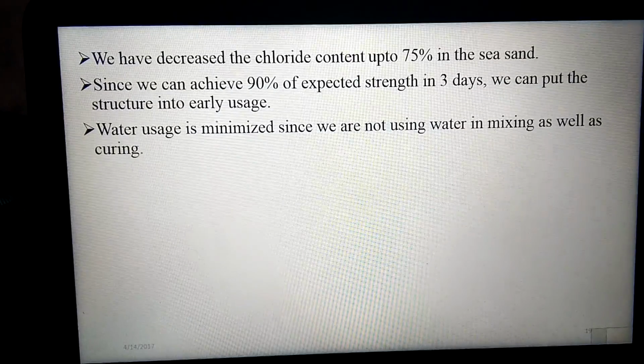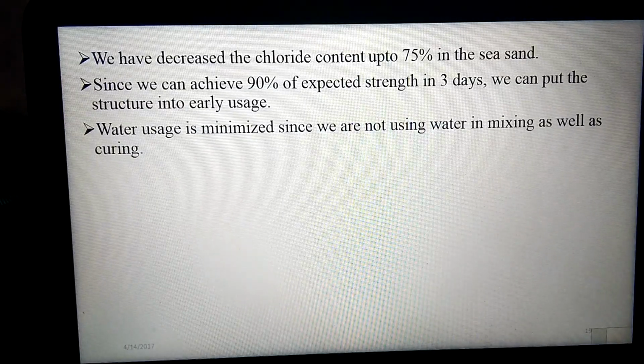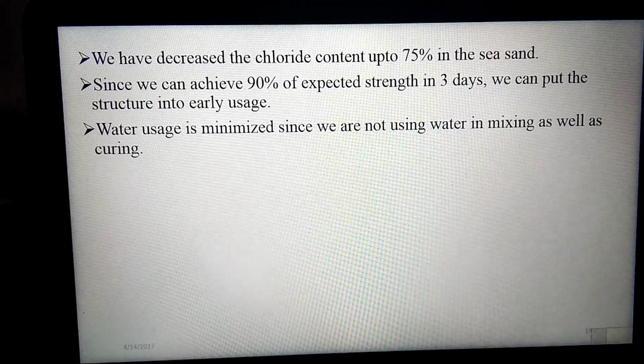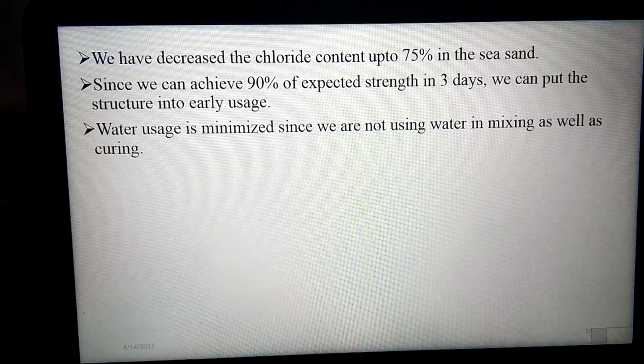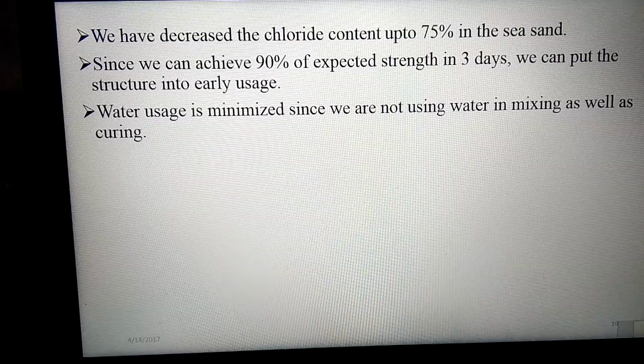Here we have decreased the chlorine content in our sea sand by up to 75% by doing tests. And the next main important thing in our project is that we are able to achieve 90% of our expected strength within 3 days itself, so that we can put the structure into use earlier.